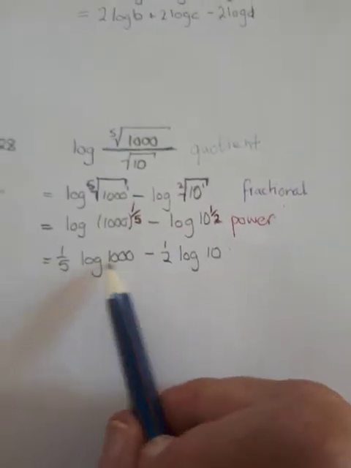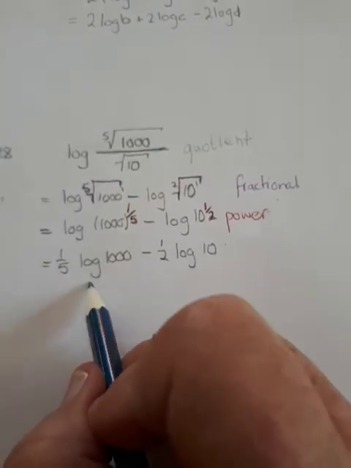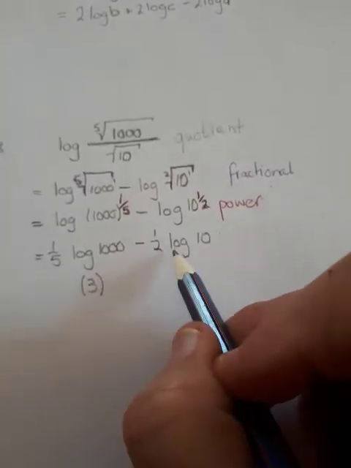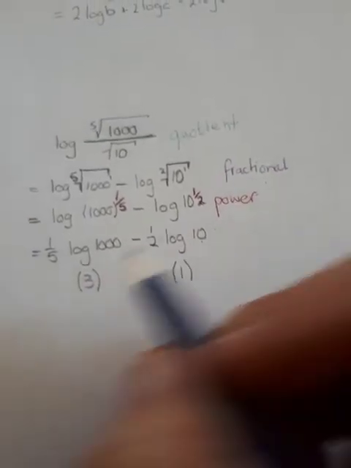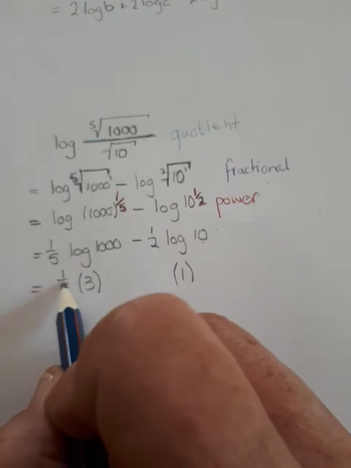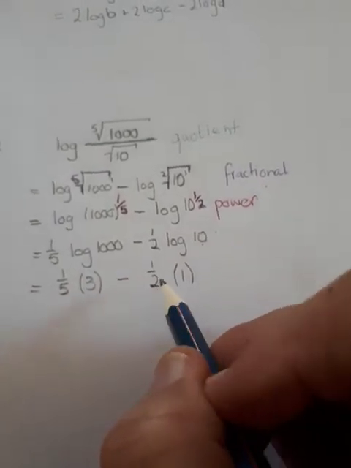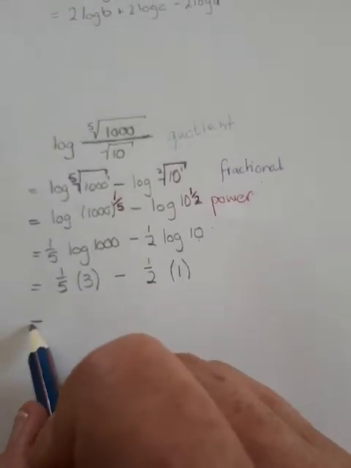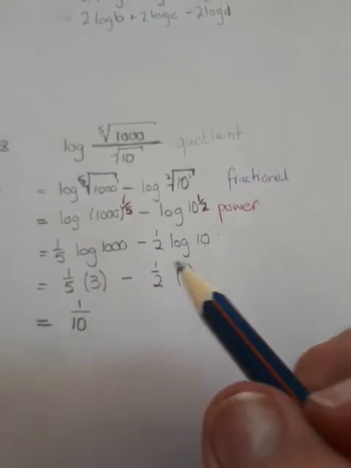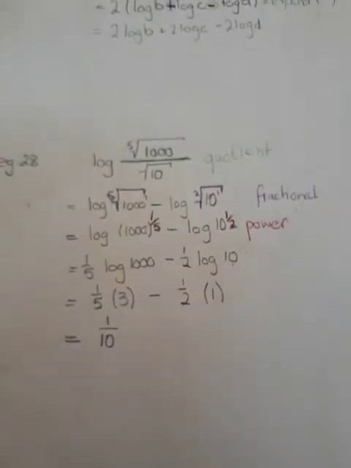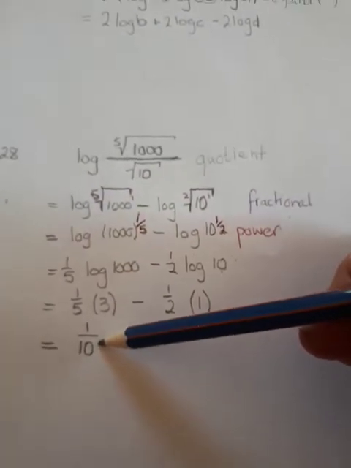And remember that log of 1000 can be written as a whole number, 3, and the log of 10 can be written as a whole number, 1. So we simply have 1/5 times 3 minus 1/2 times 1. And if you put that into your calculator it will give you an answer of 1/10. So this is a log expanded, and it gives us a fractional answer.